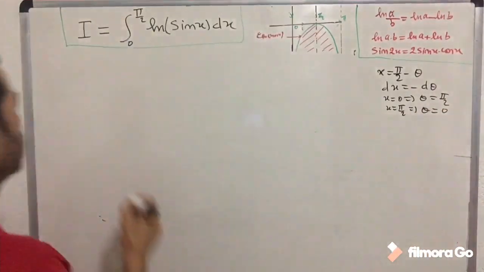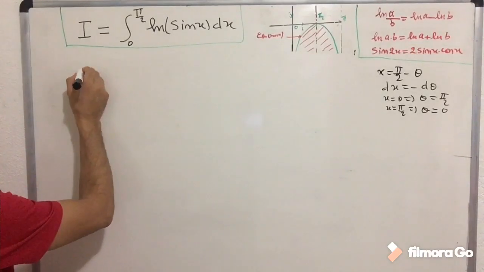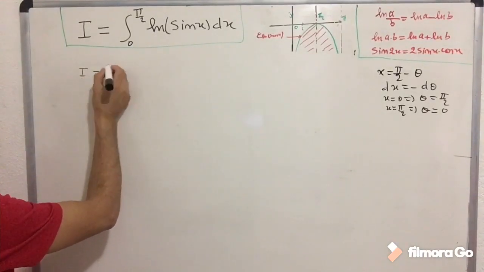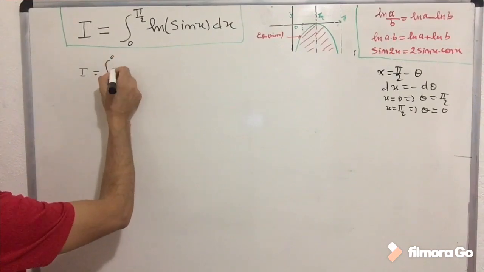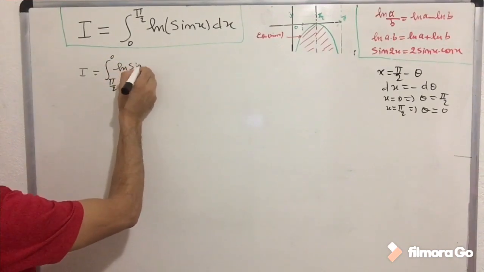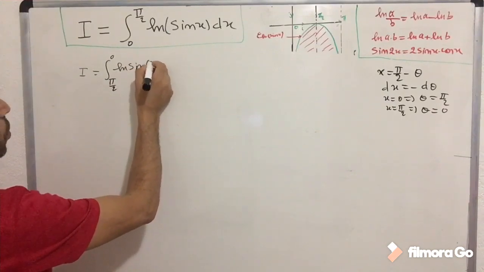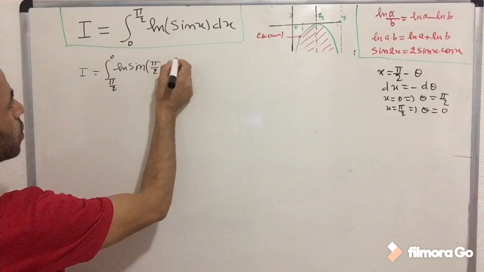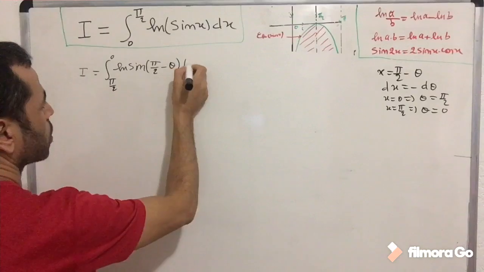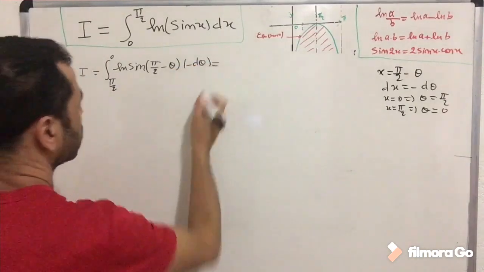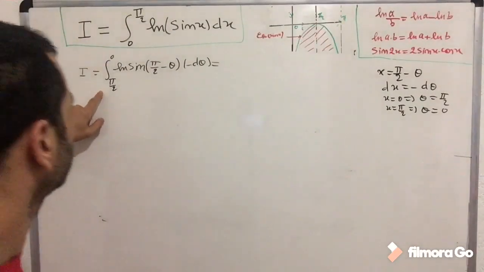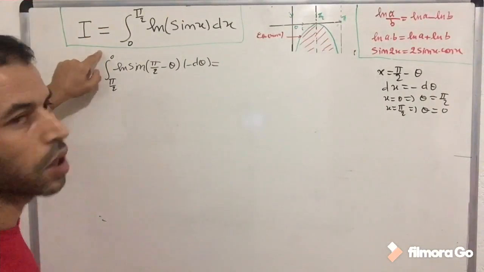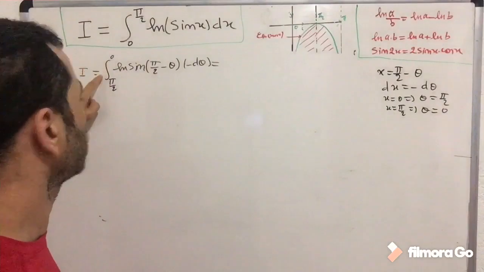Let's plug into this integral. I equals the integral from pi over 2 to 0 of natural log of sine of pi over 2 minus theta, times minus d theta. We are going to switch the bounds: the upper bound goes to the lower bound, and the lower bound goes to the upper bound, which comes with a negative sign.